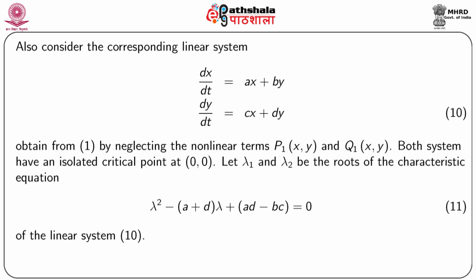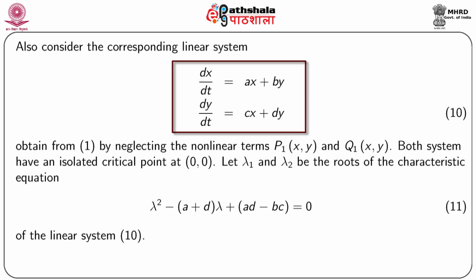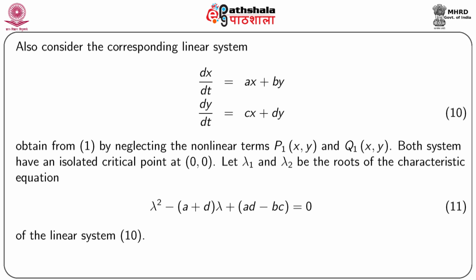From the nonlinear system, we get the corresponding linear system as dx/dt = ax + by and dy/dt = cx + dy, which we get from equation 9 by neglecting the nonlinear terms p1xy and q1xy.